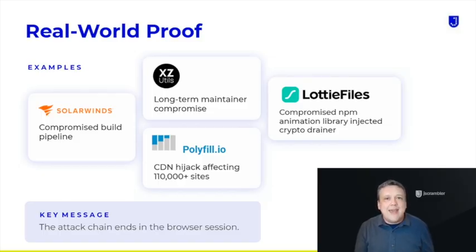Next is XZ Utils. Now, this one's particularly chilling because it involved years of social engineering. Starting in 2022, an attacker using the alias Jia Tan spent about 2 years making legitimate contributions to the XZ Utils project. And at the same time, there were some sock puppet accounts that were pressuring the original maintainer into granting Jia Tan co-maintainer status.